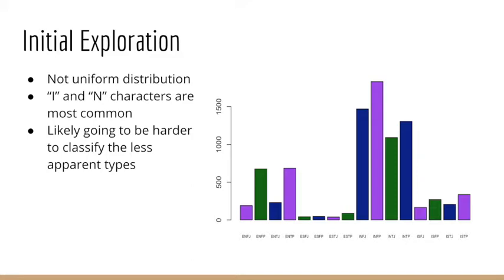A lot of the ES and IS types are not heavily represented, so I'm guessing it's going to be really hard for my model to pin people into those categories, because if they're less represented in the training set, it's not going to tend to mark people correctly as that, but that's something we'll see later on.